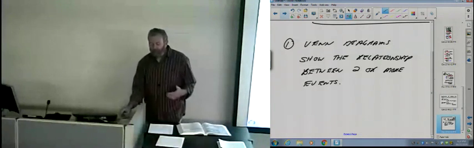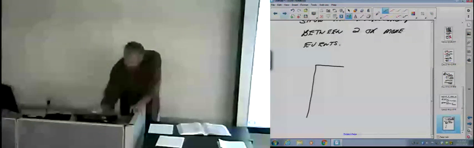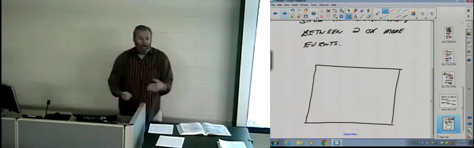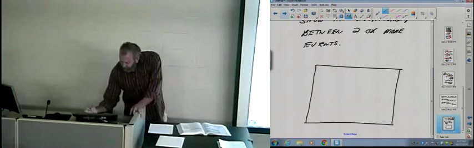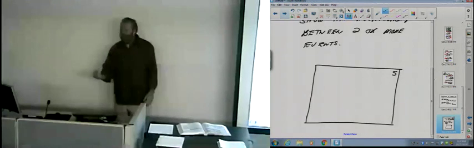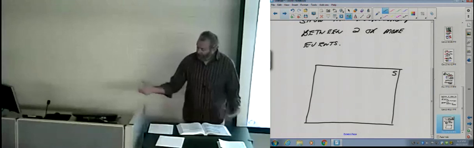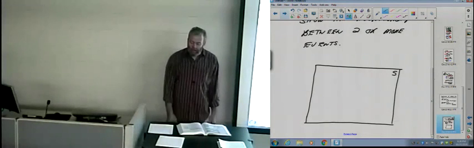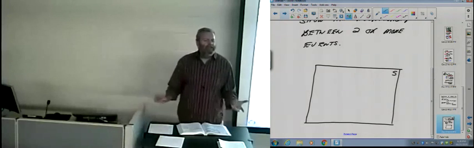Now, the Venn diagram works like this. It always starts with a rectangle. What the rectangle represents for us in the Venn diagram is your, anybody know what that capital S is? That's your sample space. That's all the possible outcomes of your random phenomenon. They all have to fit somewhere inside of this rectangle. Now, the first one I'm going to draw, you remember when things were disjoint?